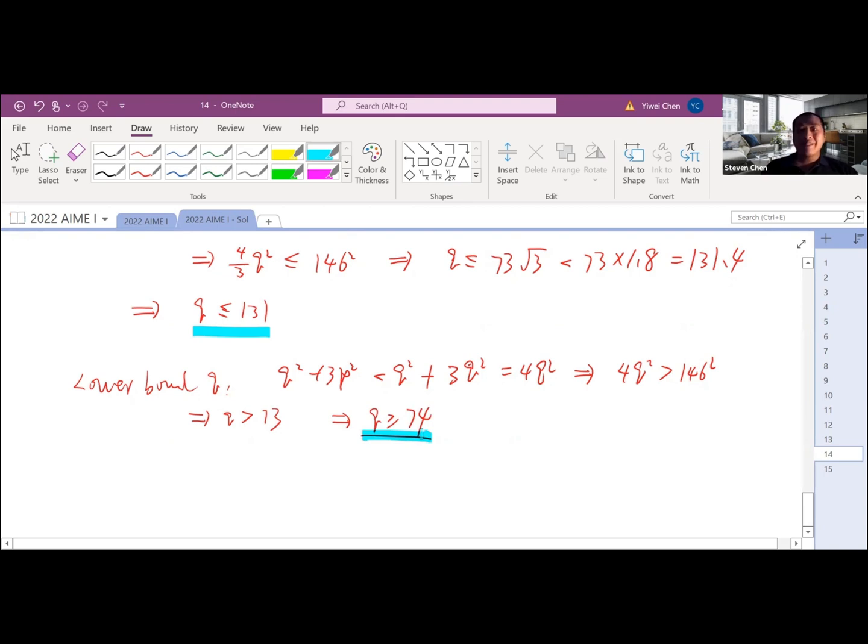So now we have established the upper bound and the lower bound for Q. So now we know that the possible range for Q is that it is between 74 and 133. So actually it's not too bad because we have narrowed down our search for Q. We don't have to try all numbers below 146, right?